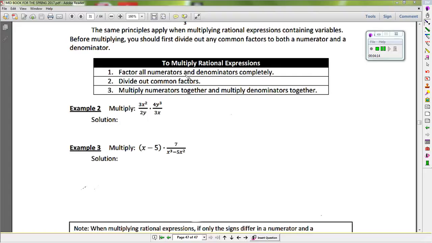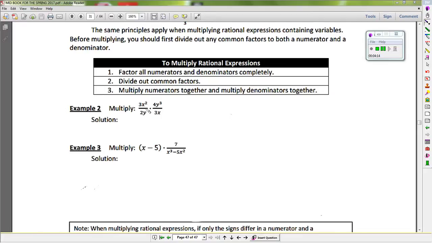The first step is that you have to factor all numerators and denominators completely. Next, you have to divide out any common factors, and finally you multiply numerators together, and then multiply denominators together. So let's begin with example 2 here.